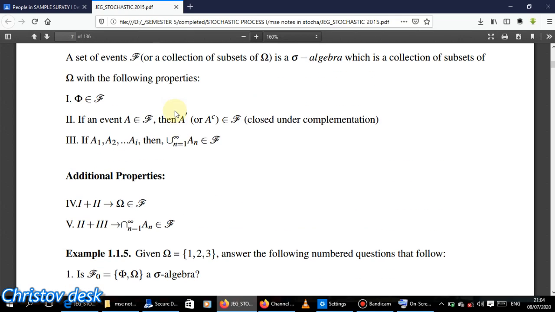The empty set should be in F, and of course it is. The set itself should be there, and it is. If I take the intersection of the empty set and the set 1, 2, 3, I get the empty set. If I take the union, I get back the set. If I take the complement of the empty set, I get the set. If I take the complement of the set, I get the empty set. So this is actually a sigma algebra.